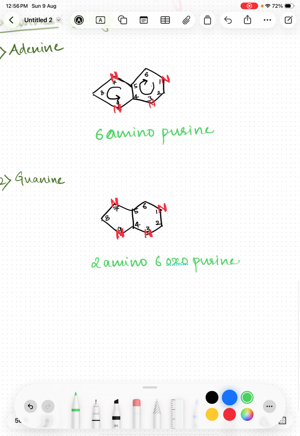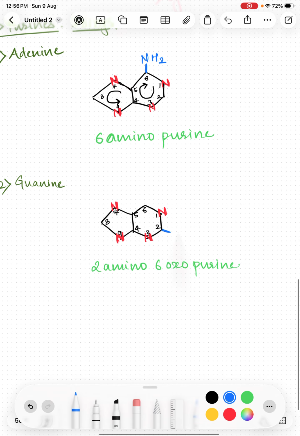So from this what you will get? 6 amino. That means at carbon number 6 you will get an amino group, and in case of guanine at carbon number 2 there is an amino group, and at carbon number 6 there is an oxo group.